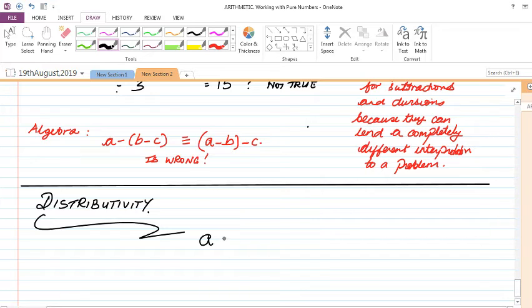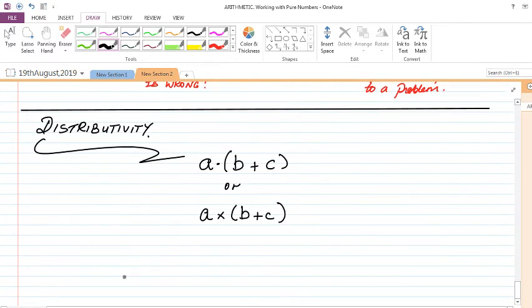So let's say I have A in the bracket B plus C. The operation understood to be outside the bracket here is either a dot, which means multiplication, or is interpreted as A multiplied by B plus C. Okay, so let's do a test and see what exactly they are saying.